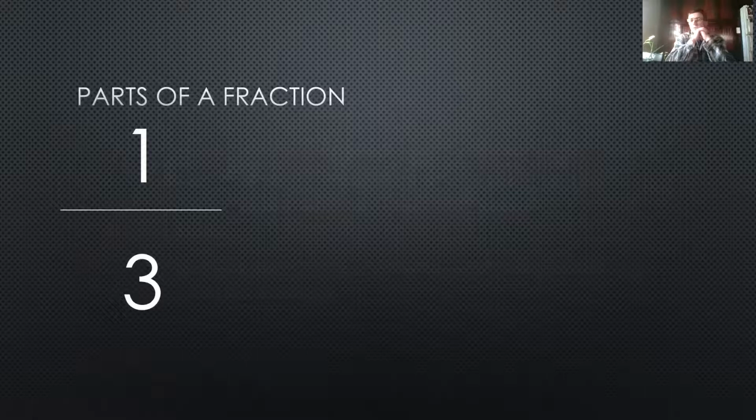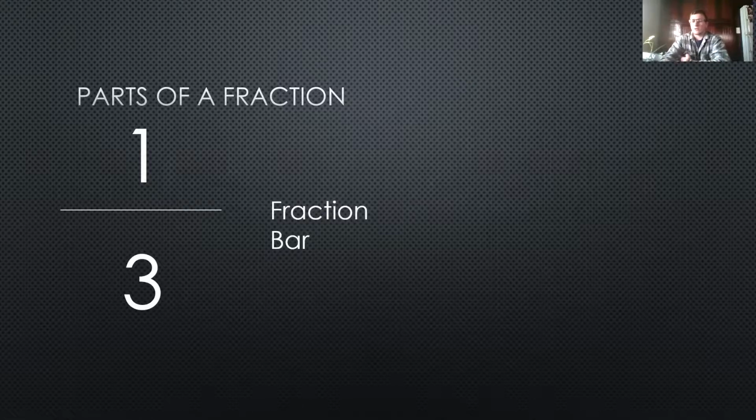So first thing we're going to look at is parts of a fraction. So here we have 1/3 or 1 share of 3. Now we're going to focus on that line, or we like to call it a fraction bar. This is what separates our two numbers from each other.